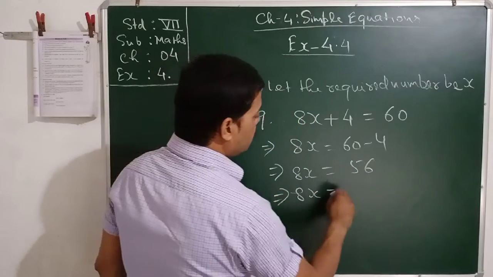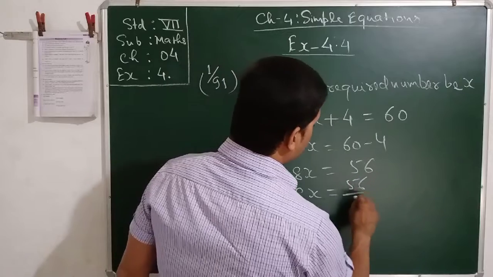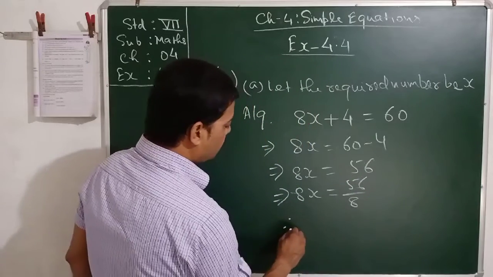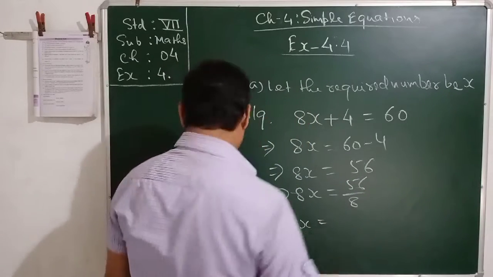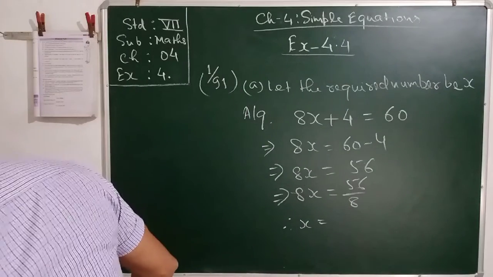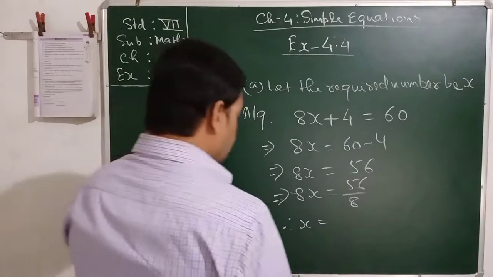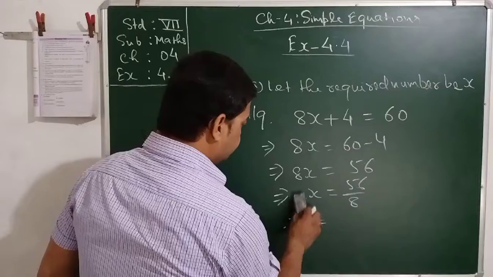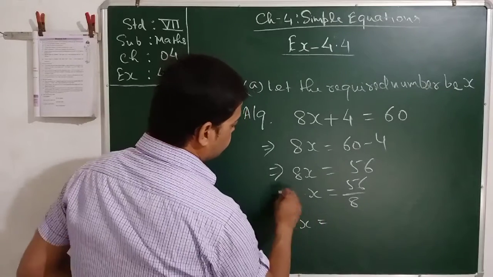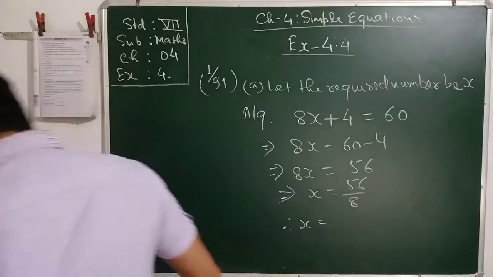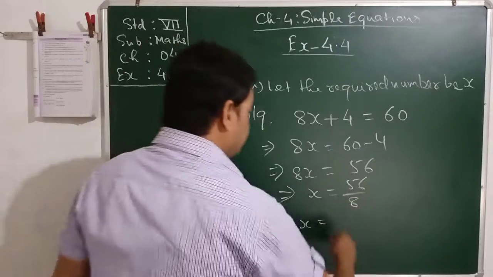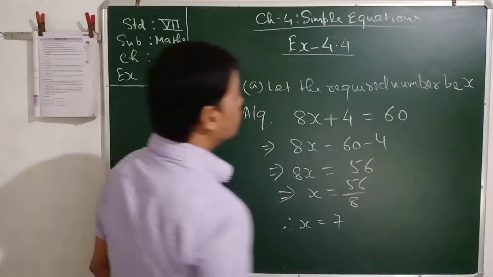Therefore x equals 56 by 8, only x will appear here. x equals 7.